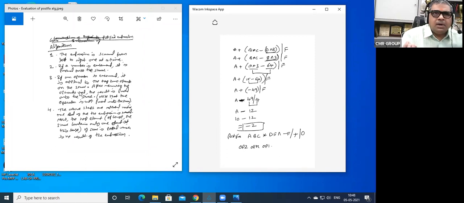The top two operands are popped out, operand 2 is taken, then the operation with operand 1 is done. Once the result has come, it will be pushed into the stack once again. Then you scan again: if you get an operand, push it into the stack; if you get an operator, pop out the top two. This will continue till you reach slash 0.